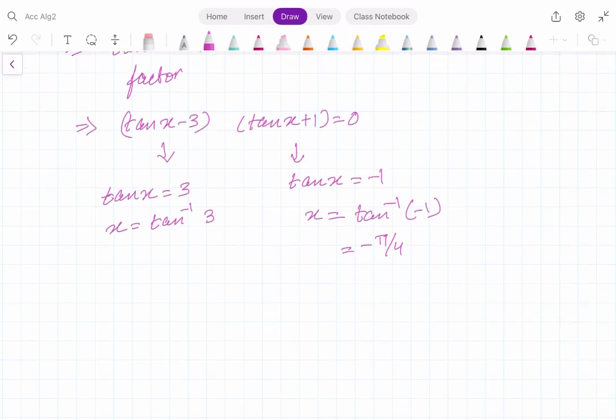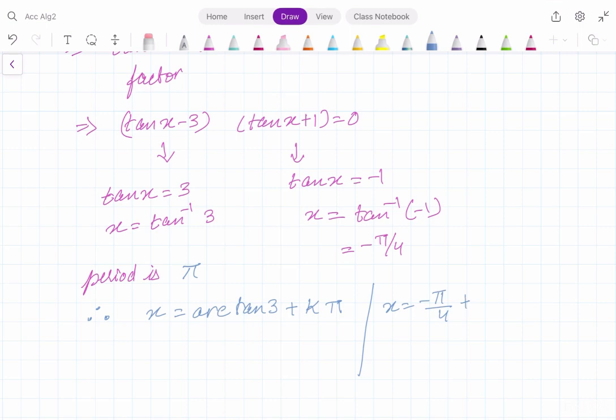So, remember the period. Period is only n pi. No, it is not 2 pi, it is n pi. Just pi. Period for tangent is pi. Cot and tangent, they have the period of pi. So let me rewrite it. So x will be arc tangent 3 plus k pi, and x is equal to -5/4 plus k pi.